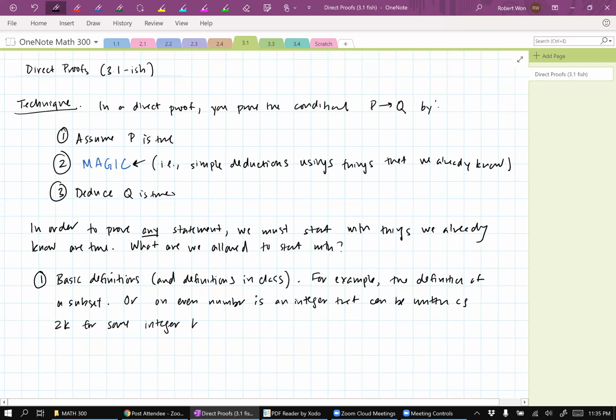Okay, this might be the first time I'm giving you this definition, but this is a basic definition, as in when I say the word even number, this is what I mean by the phrase even number. So if the proof was to prove that if n is even, then n squared is even, we can say, oh, well, suppose that n is even. Therefore, by definition, n equals 2k for some integer k, because that's the definition of an even number. Okay, so you're allowed to assume basic definitions. You're also going to be allowed to assume properties of the real numbers that we will assume are true.